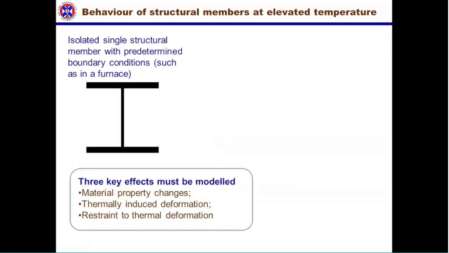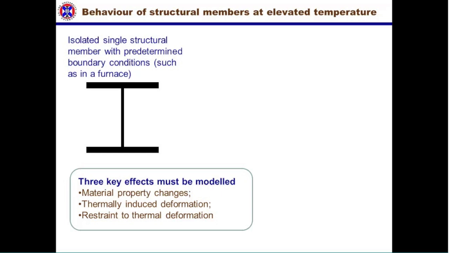So if we now go on to look at the behavior of structural members at elevated temperature, the traditional approach, as I mentioned earlier, is just trying to limit the temperature increase in a structural member.